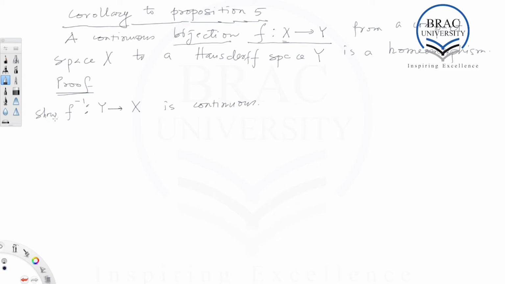Also, if we can prove that for every closed set, the inverse image is a closed set, then we end up proving that the underlying map is a continuous map, that we discussed in the first lecture.